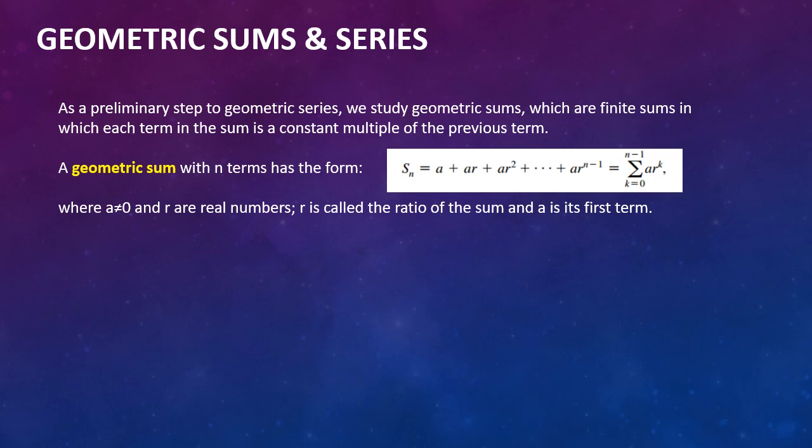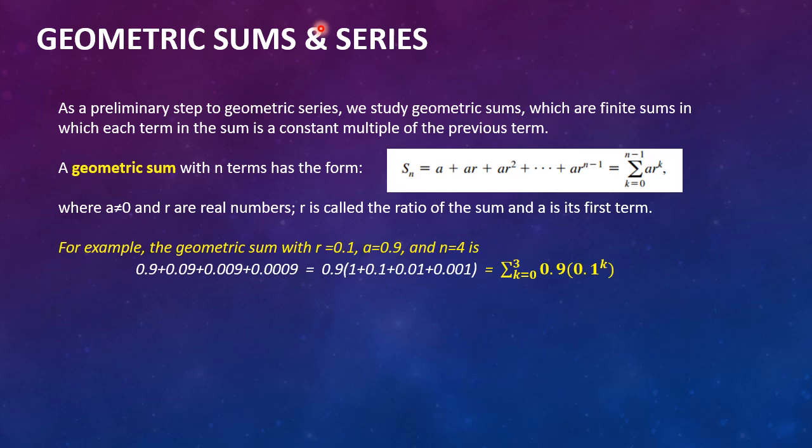Okay? Which of course equals the sum from k equals 0 to n minus 1 of a times r to the k, where a does not equal 0 and r are real numbers, and r is called the ratio of the sum and a is its first term.